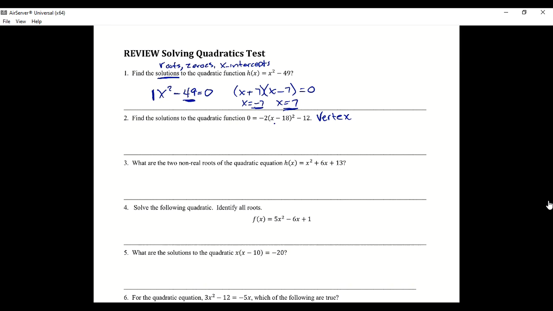So step 1, we move the 12 to the other side of the equation. And we have 12 equals -2 (x minus 18) squared. Step 2, we divide both sides by -2. So we have -6 equals (x minus 18) squared.